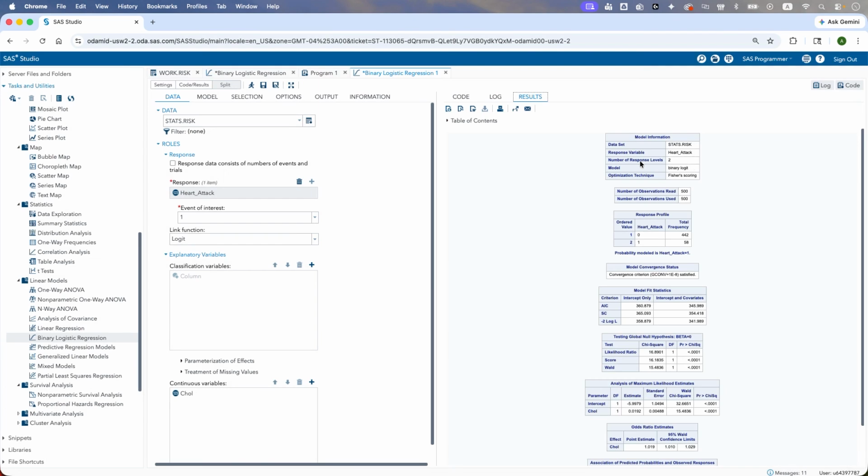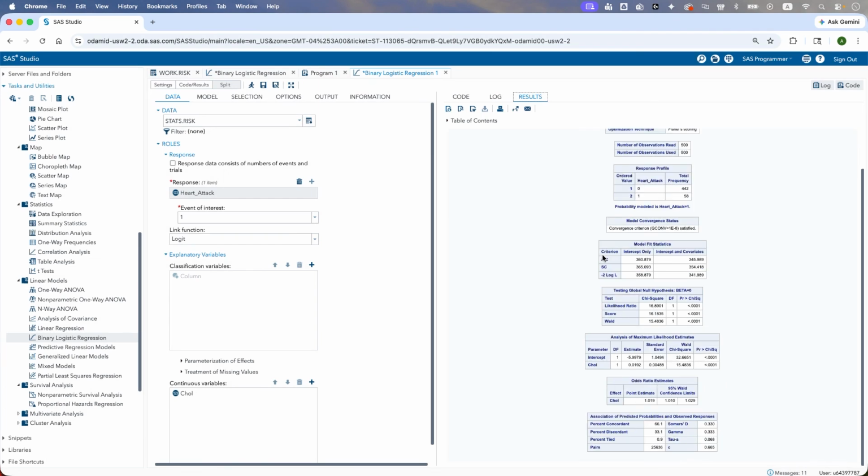The only new thing we have is the cholesterol level. Now we don't have a reference category because this is a continuous variable, right? It's significant. And we have an issue with the interpretation. Because this is slightly above 1, for every 1 unit increase in cholesterol, the odds of heart attack increase by about 1%.